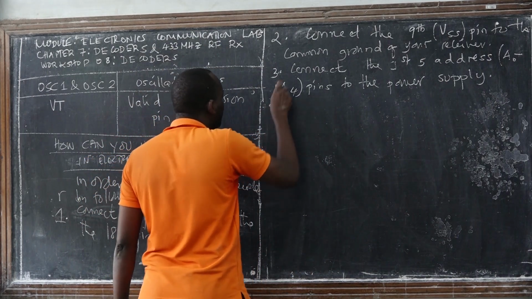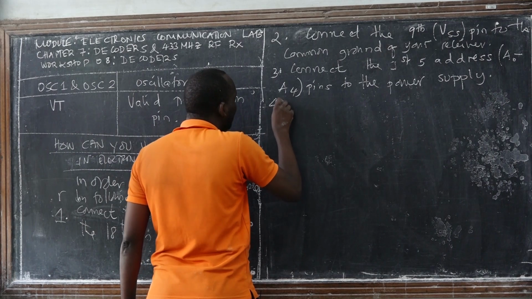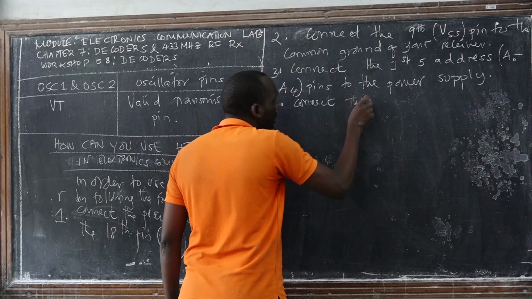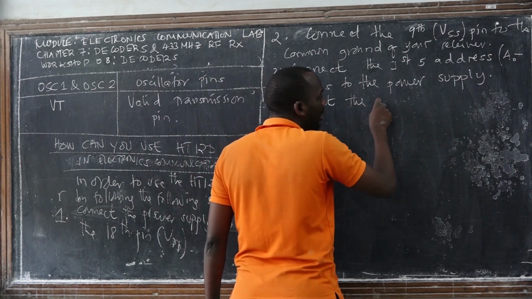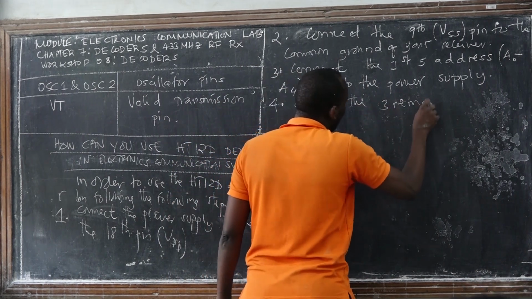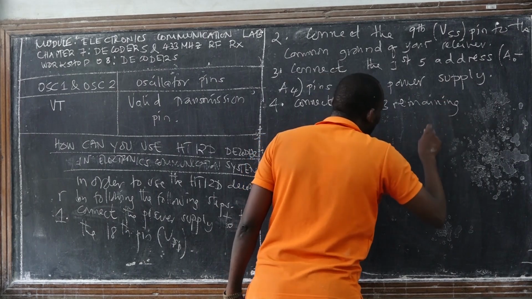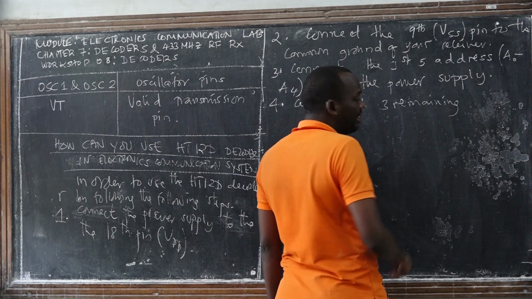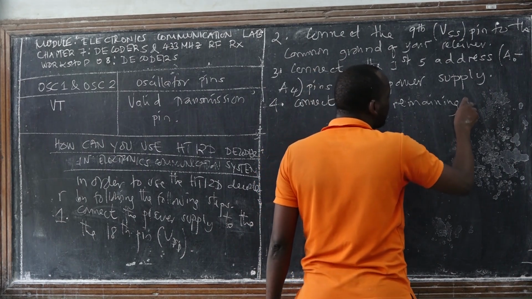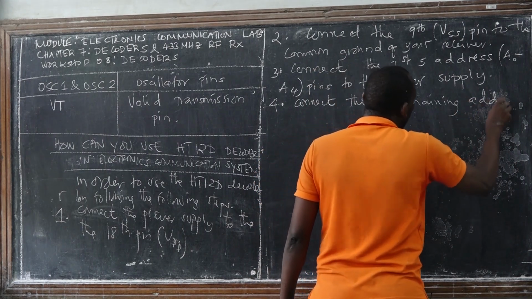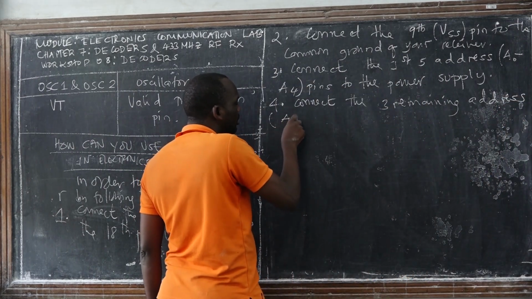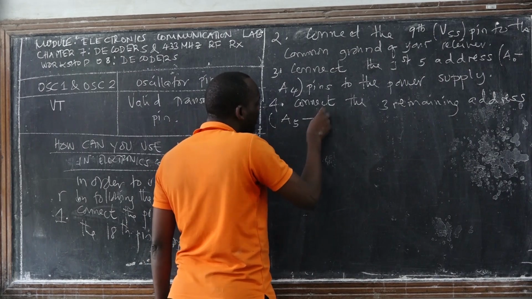Number 4. Then we say what? Connect the 3 remaining address pins. What are their address names? A5 to what?